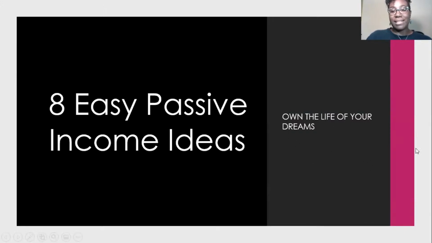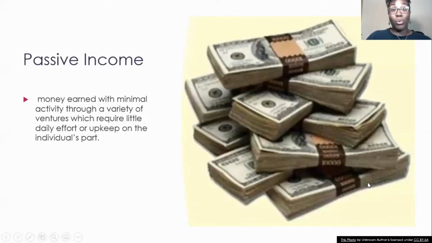So I am going to talk about what passive income is first, because you might not know. Passive income is money that is earned with a little bit of activity, and you can get it through various different ways, and it requires a little bit of daily effort, if any, to upkeep on your part. That is different than active income, which simply is you working for the money.